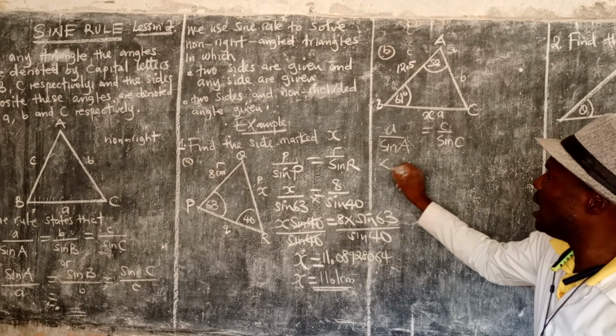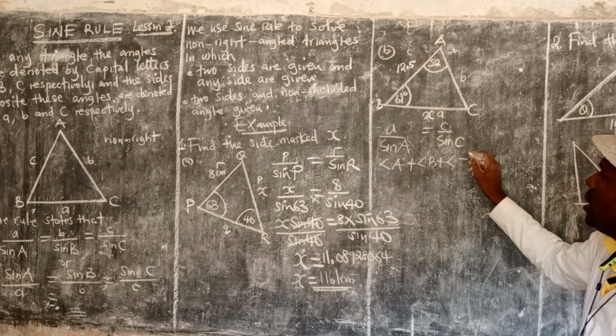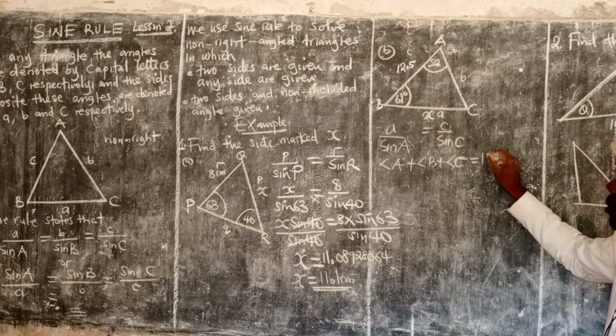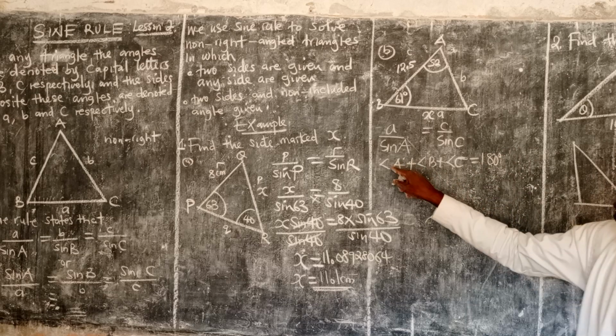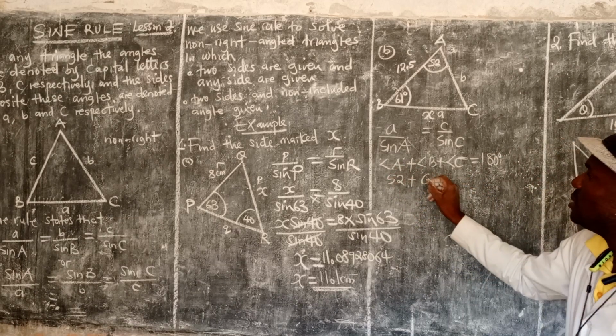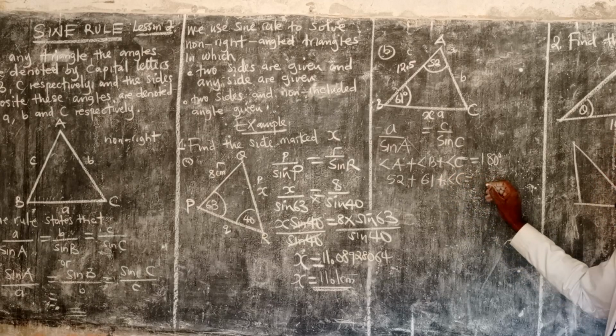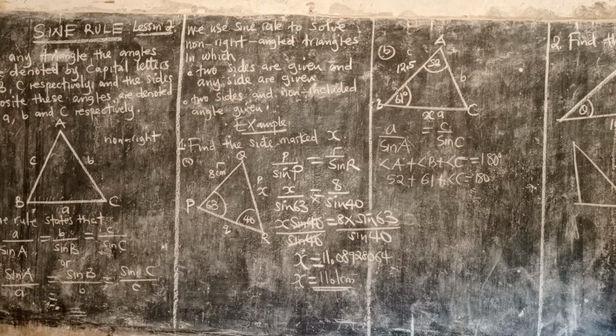So angle A plus angle B plus angle C must be 180 degrees. Angle A is 52, plus angle B is 61, plus angle C is equal to 180. What is 52 plus 61?